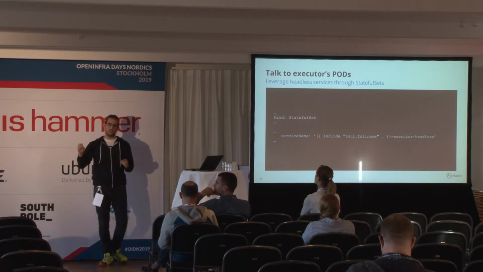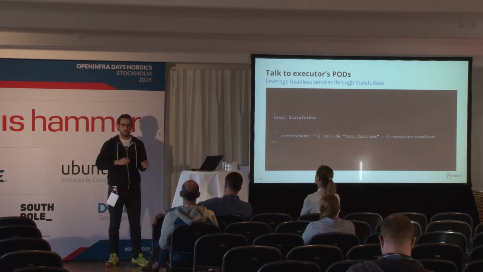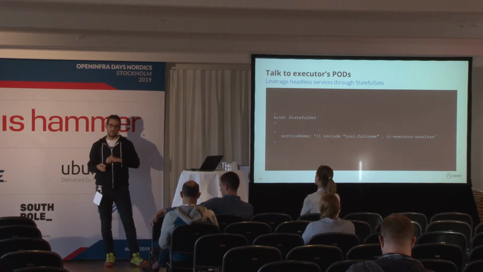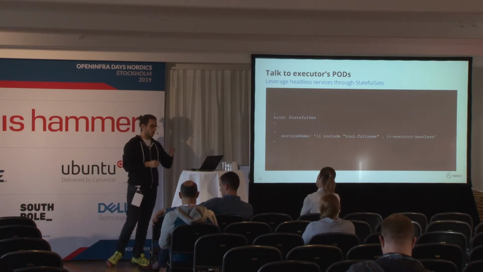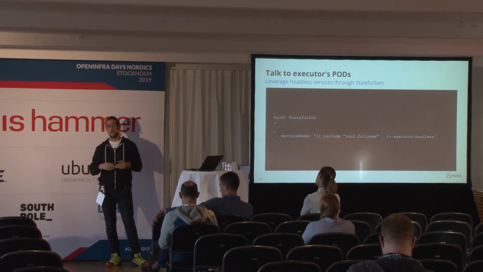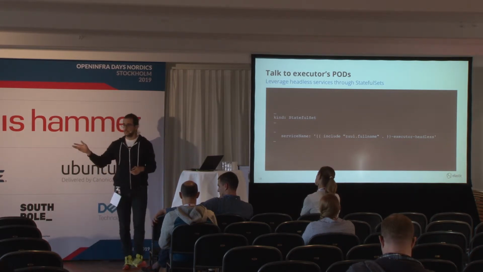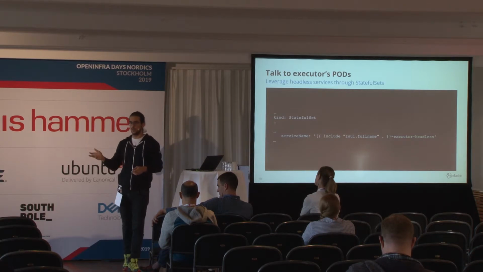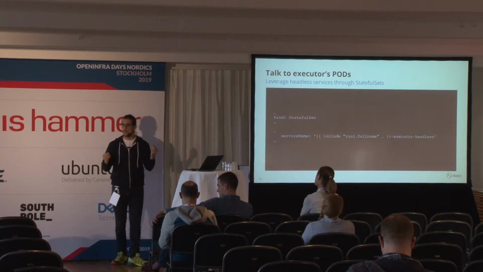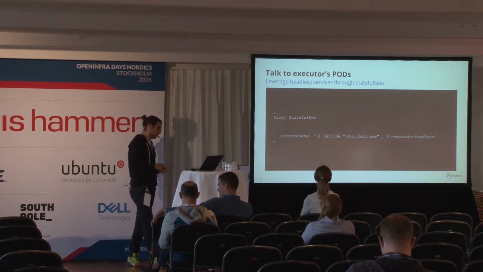Since the Zuul executor is the one streaming and pushing all the logs into the protocol, and Zuul web needs to connect to it, the way to make this work, and if you're running these in VMs, it's fine. You can just listen to localhost or point Zuul web to the actual executor IP address, and it's all going to work. If you do this within Kubernetes, then you have the problem that they're not seeing each other, and there's no way to actually route the request to the Zuul executor.